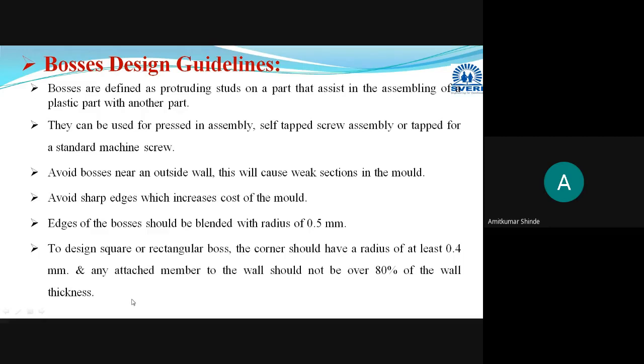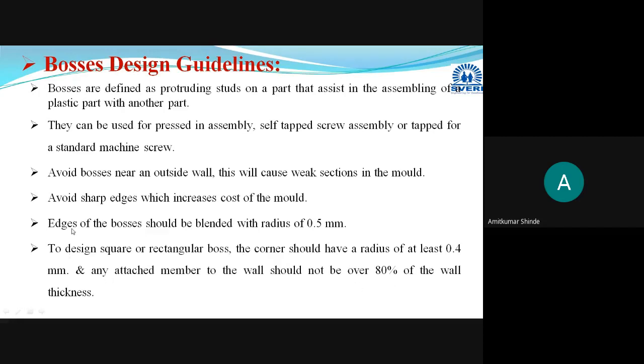Whichever attached member is there to the wall, the thickness of that should not be more than 80% of the wall thickness. This is nothing but your rib, any attached member to the wall.